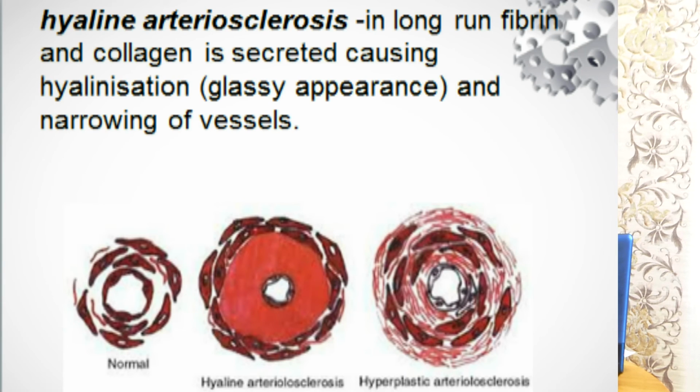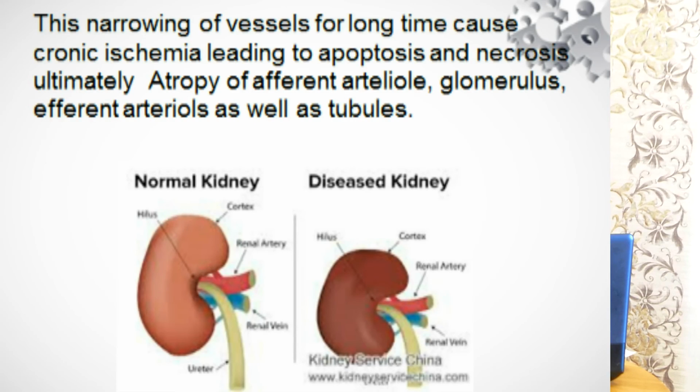Fibrin and collagen are released in the afferent arteriole, causing hyaline arteriosclerosis. There is a glassy appearance of the afferent arteriole, which causes decreased blood supply to the glomerulus. This causes ischemic changes and atrophy.